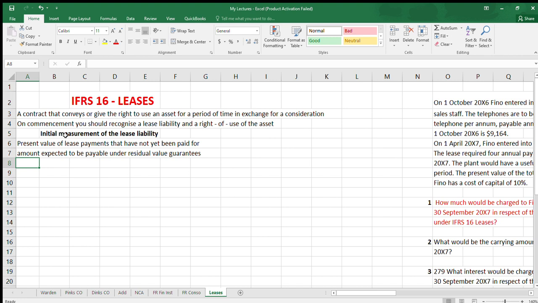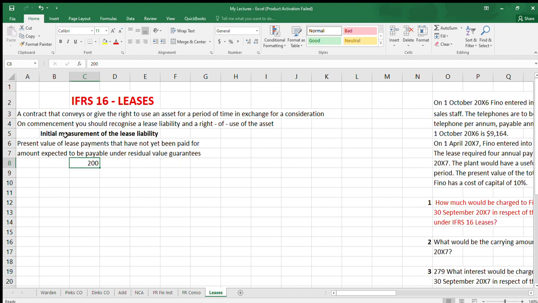So there is a residual value guarantee where the owner says that at the end of the 3 years that you are leasing this asset, I want the carrying value of the asset to be 2,000. So if at the end of that year the carrying value is 1,500, you are supposed to refund 500.